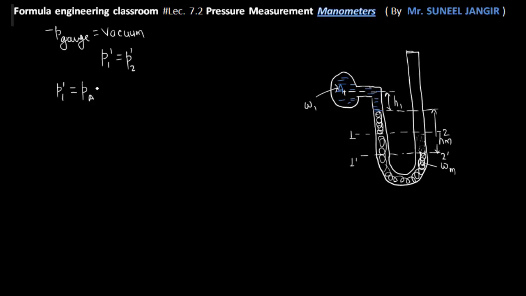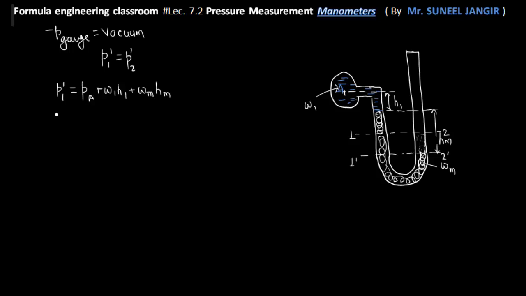So we write plus W1 H1. Now again we are moving down in this manometric fluid, so again the pressure keeps increasing. So we write Wm, the specific weight of manometric fluid, into Hm. So this is the gauge pressure intensity P1 dash at point 1 dash.